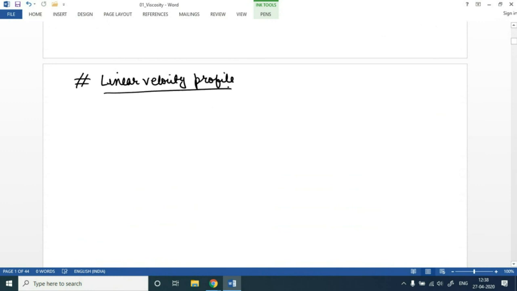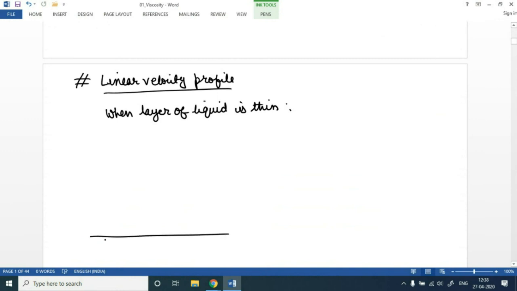Linear velocity profile can be approximated when the layer of liquid is thin. What I mean to say here is, let's say there is a fixed surface, and over that a thin layer of liquid is flowing.